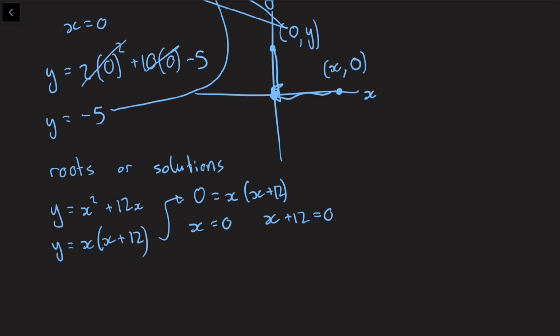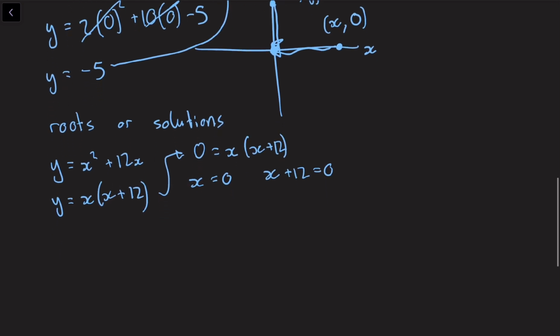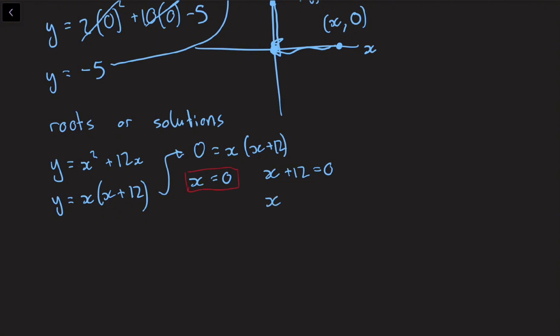Now, usually you can't do this, but because we're dealing with a quadratic and we set the y to 0, we're able to pull these x's out of their equation and set them equal to 0 to find the x-intercepts. So one of them is already pretty obvious, that x equals 0. Now the other one, you have to just take away 12 from both sides and you get negative 12. So x equals negative 12 is your other x-intercept.